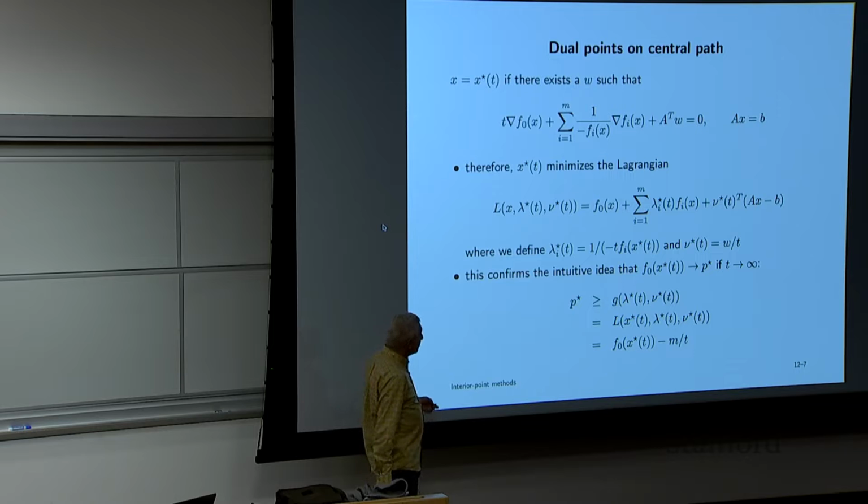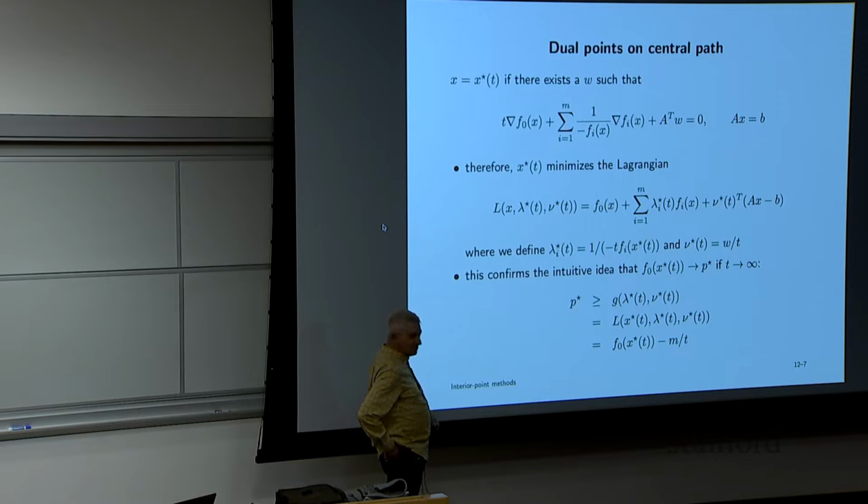When I plug in lambda star here, I get something kind of amazing, because you'll remember that each of these is that. So when I plug that in there, the fi's just cancel, period. They cancel, and you get basically minus 1 over t. You add up m of those, and you get this term.